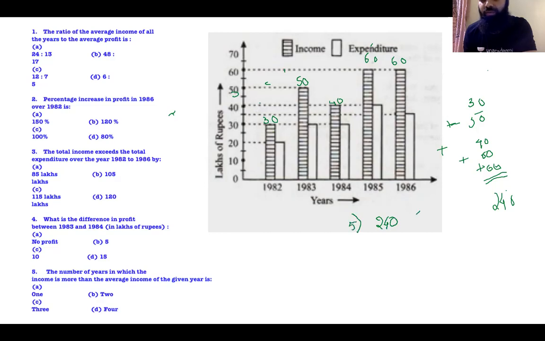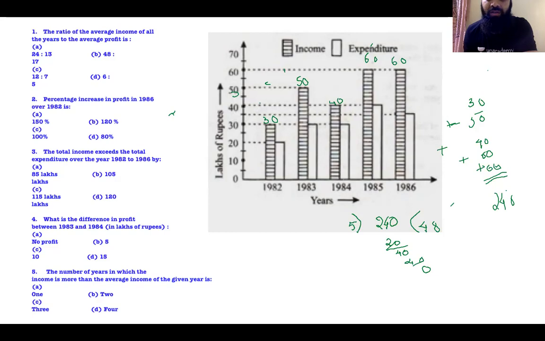So when I divide 240 by 5, 5 fours are 20. So the remaining is 40. 5 eights are 40. So it is 0. So what is the average that we are getting? We are getting an average of 40 lakhs.